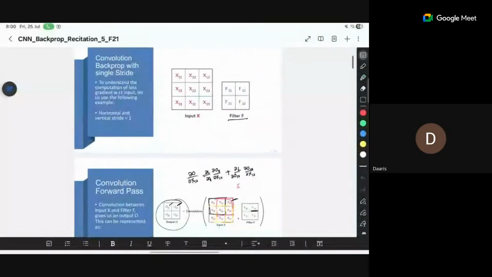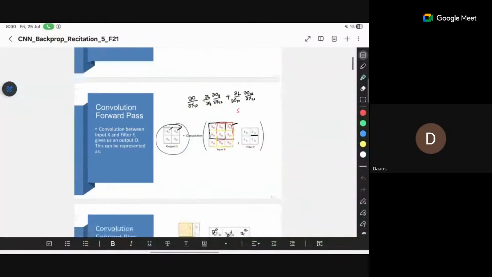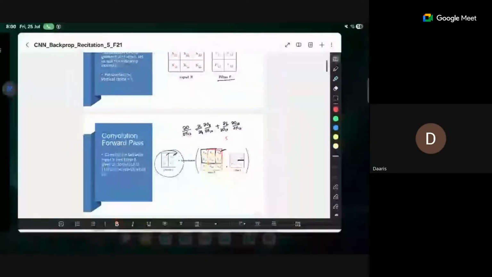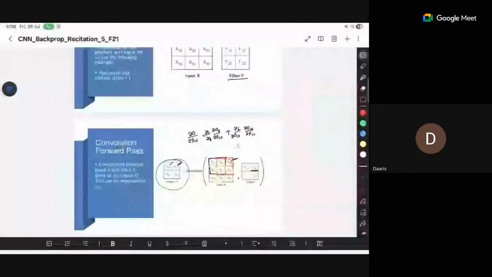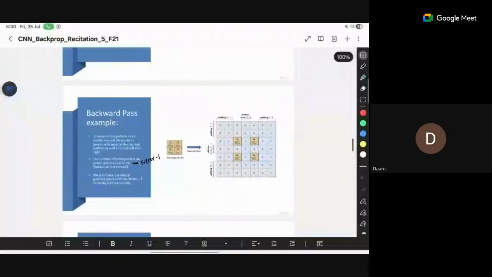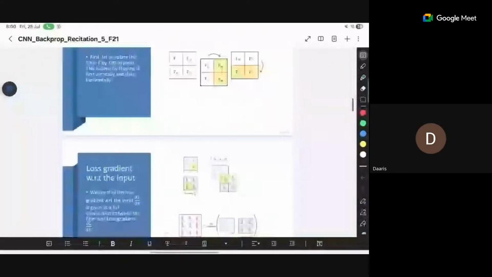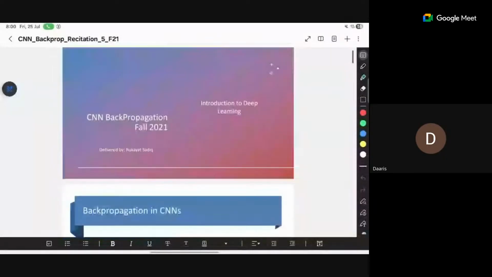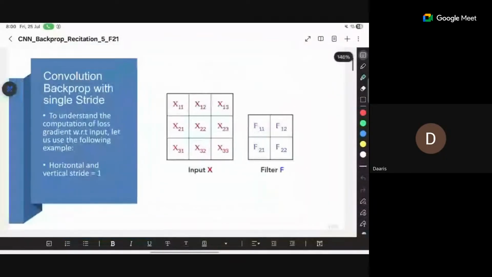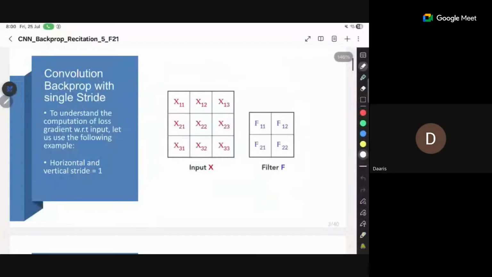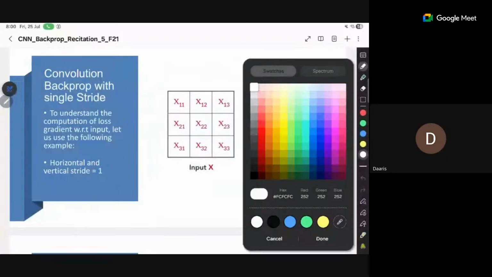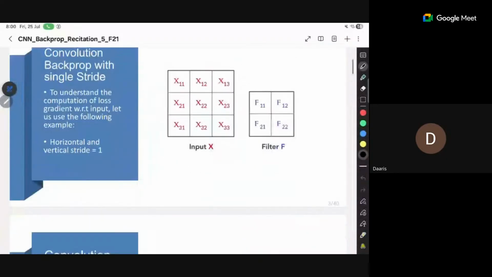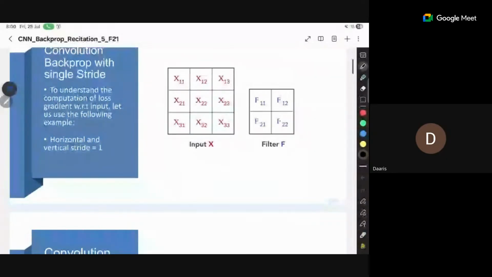So what we discussed is the same thing, just clean. Okay, so what we discussed, we have an input and we have a filter.